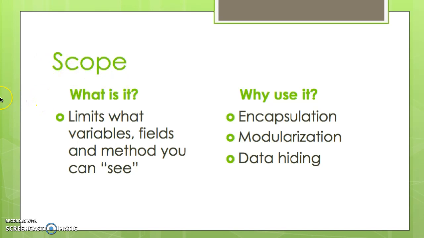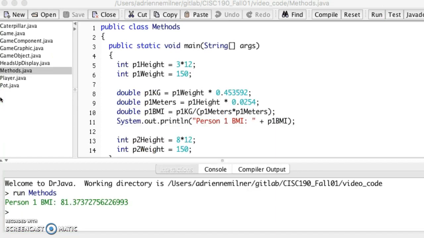So let's look at some code to make this a little more concrete. We have class methods, and we have our main method that we've seen in all our other programs. And I've declared a couple of variables here. We have a height of person 1, P1 height, in inches, and person 1's weight, P1 weight, in pounds.